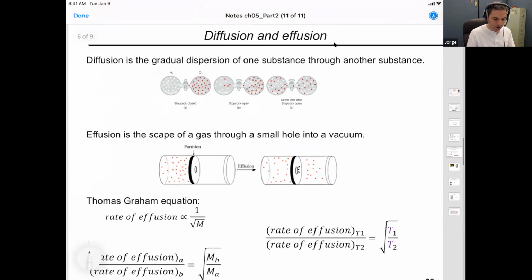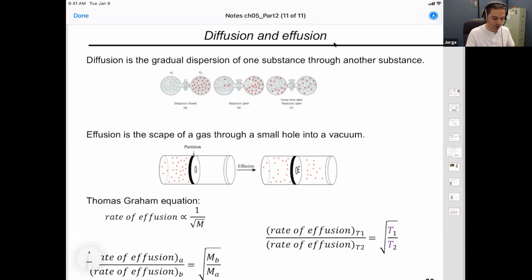Okay, so now let's move on to more interesting things. Let's talk about diffusion and effusion of gases. Starting with diffusion. Diffusion is the gradual dispersion of one substance through another substance.